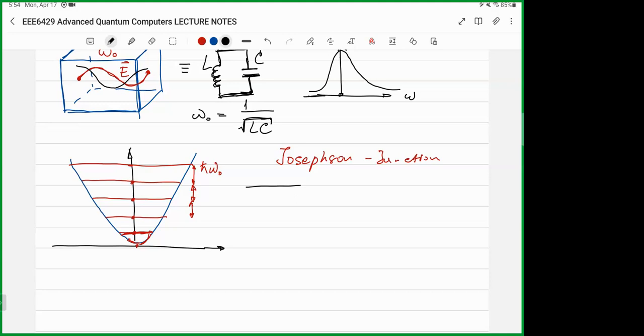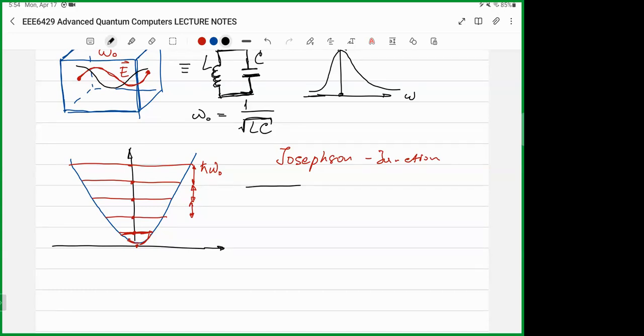But in contrast, metals like copper, gold, silver, they don't turn into the superconductive state. So some materials became superconductive, some materials don't.